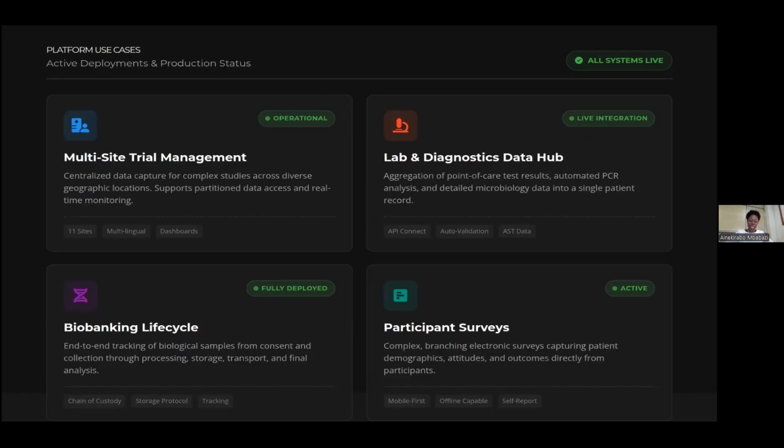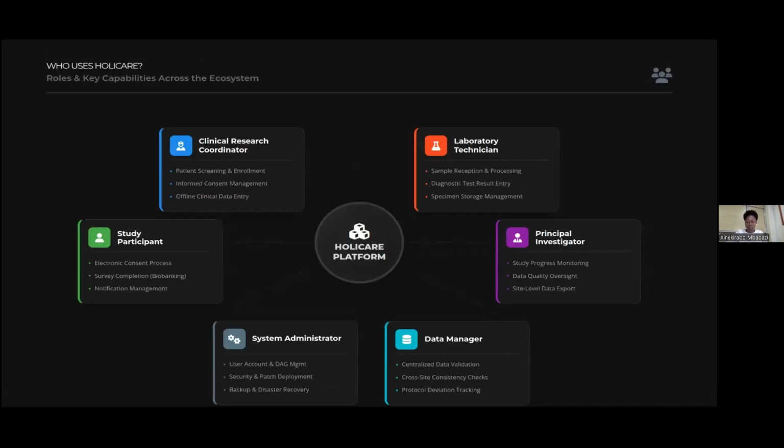For biobanking, we store biological samples for future tests or experiments, and here we cover the storage and transportation conditions in which this data is captured or stored. For the surveys, we give the patient demographics, attitudes, and outcomes of the participants who participated in the study. So we give that use case in order for them to be able to track that.